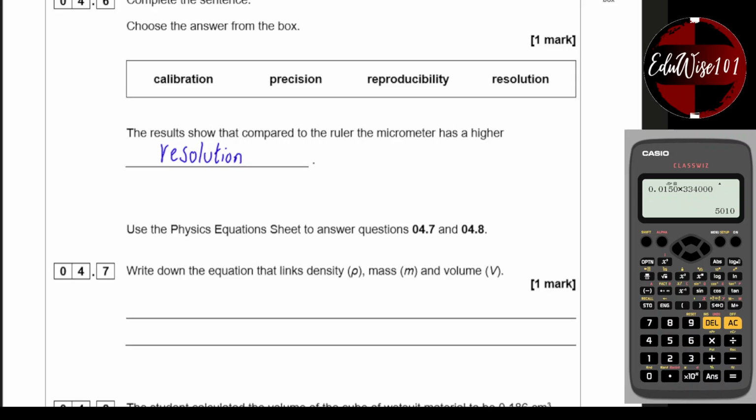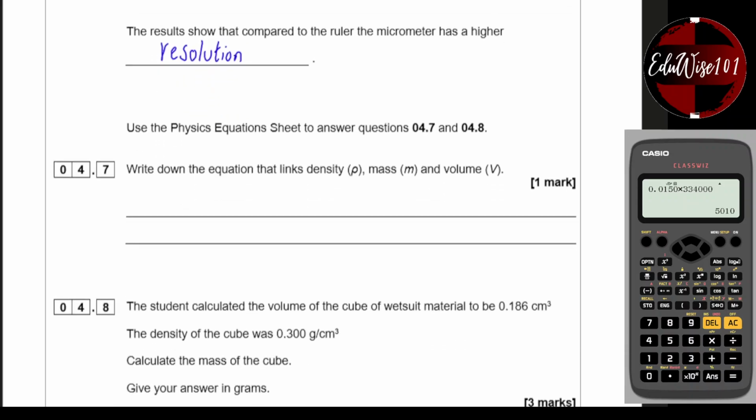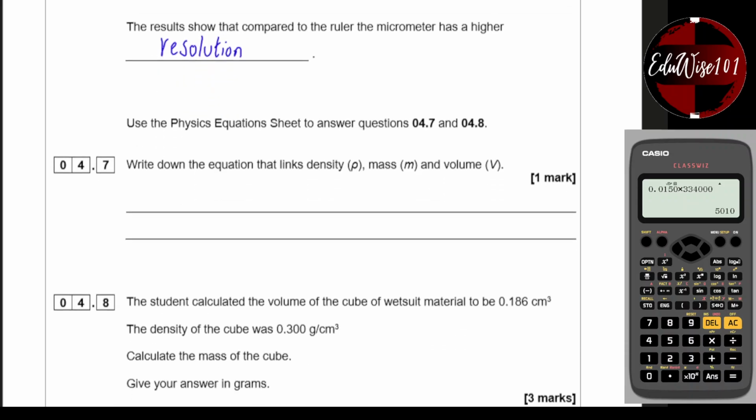Use the physics equation sheet to answer questions 4.7 to 4.8. Write the equation that links density, the symbol which looks like a P is called rho, mass M, and volume V. So the equation that links all three of them is density equals the mass divided by the volume.